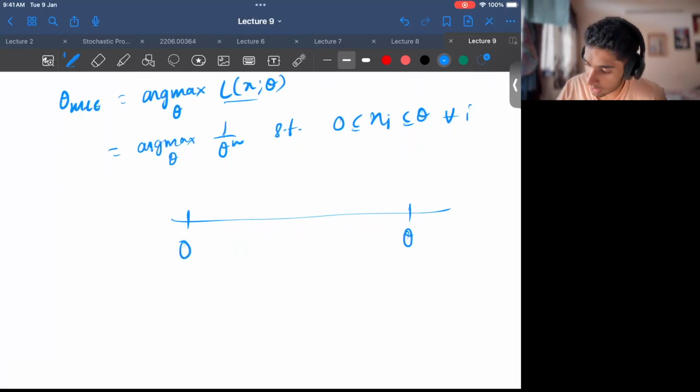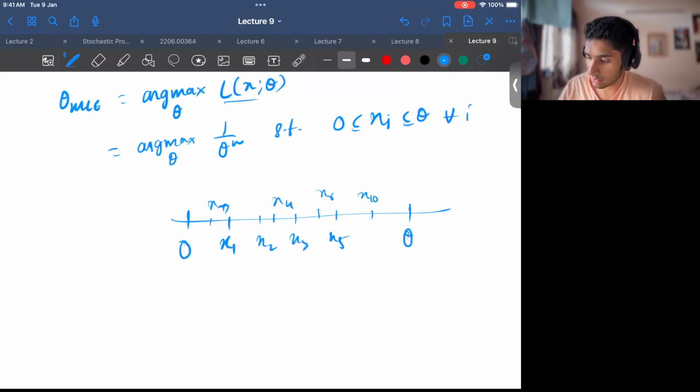All xi's are between 0 and theta. So maybe x1 is here, x2 is here, x3 is here, x4 is here, x5 is here, x6 is here, x7 is here, and so on, maybe x10 is here. So what should be the value of theta so that this thing is maximized?